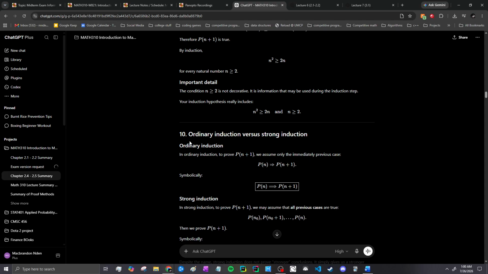So if we're trying to connect the dots, strong induction is, I suppose, related to... no, sorry. I'm sorry about the jumble. This is just how I think.